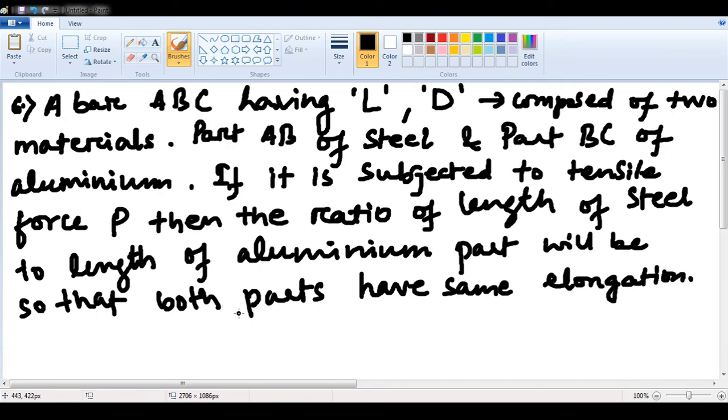Here E of steel is given as 3 times E of aluminium.